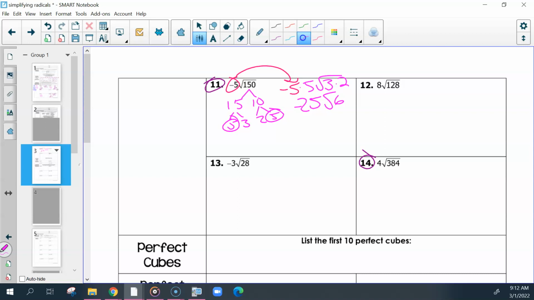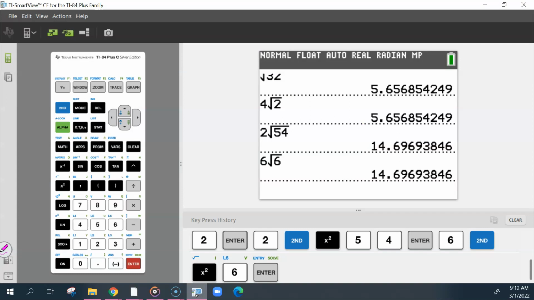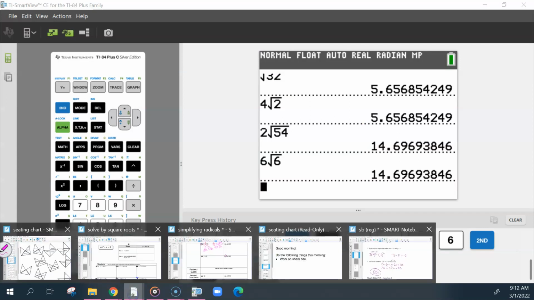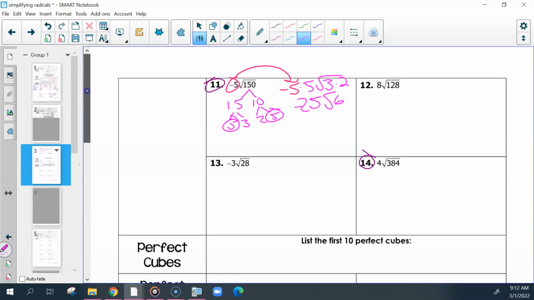Right? For 14, if you need to write out your factors, your perfect squares, you can do that.